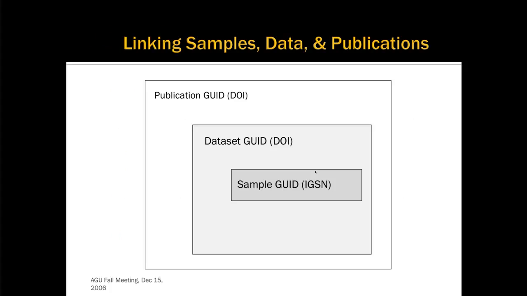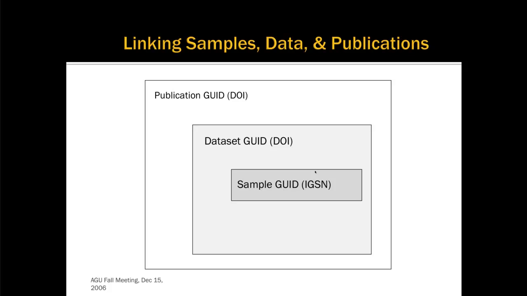You probably are all familiar with DOIs of publications. So it's a unique identifier for every article in a scientific journal or for books. We have started in the community to also assign DOIs to data sets. And these data set DOIs can be cited in publications. So a publication DOI is linked to a data set DOI.